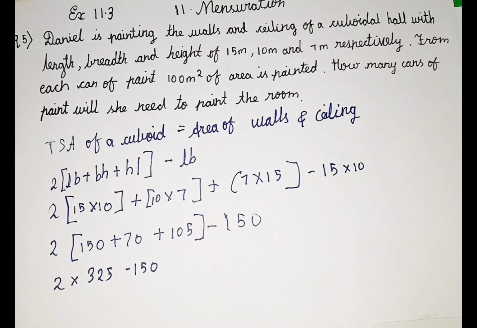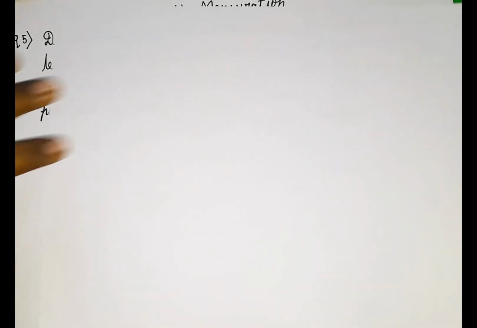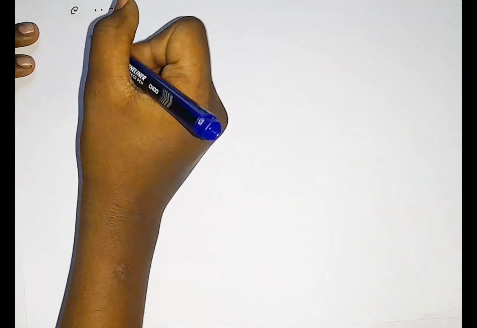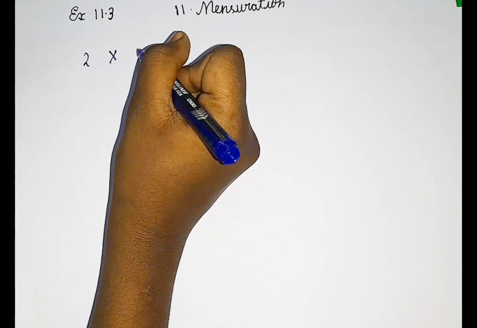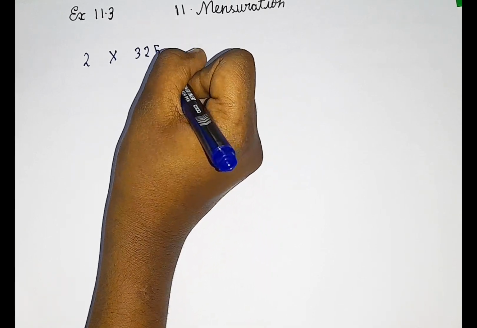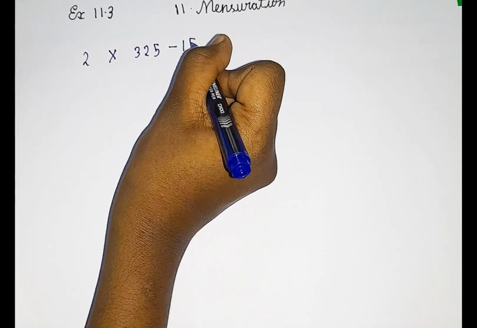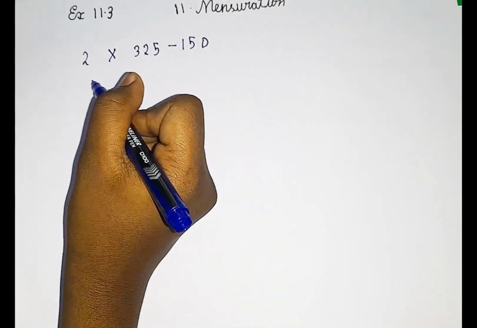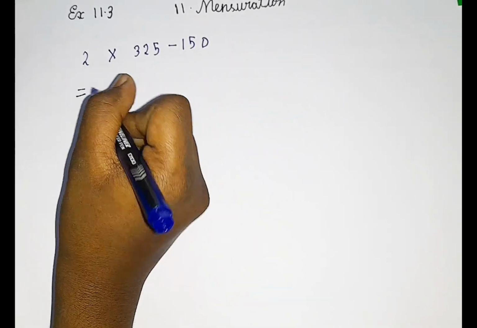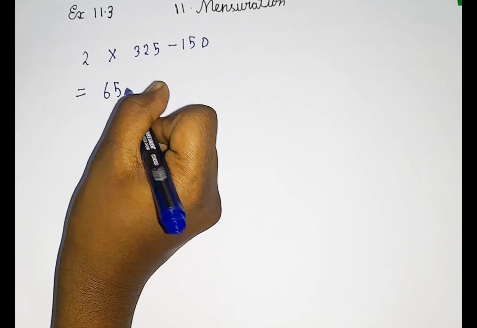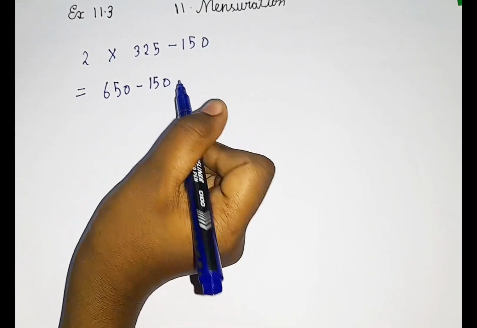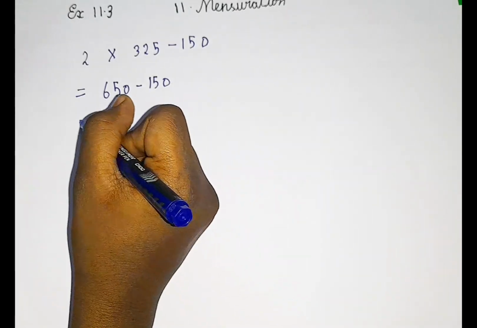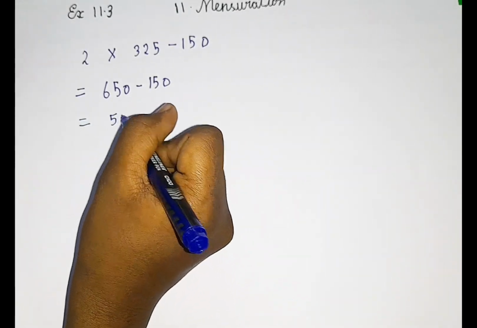Now we are going to continue it in the next paper. Let me write the same line again here. 2 into 325 minus 150. So 325 into 2 is 650. So 650 minus 150 is 500.